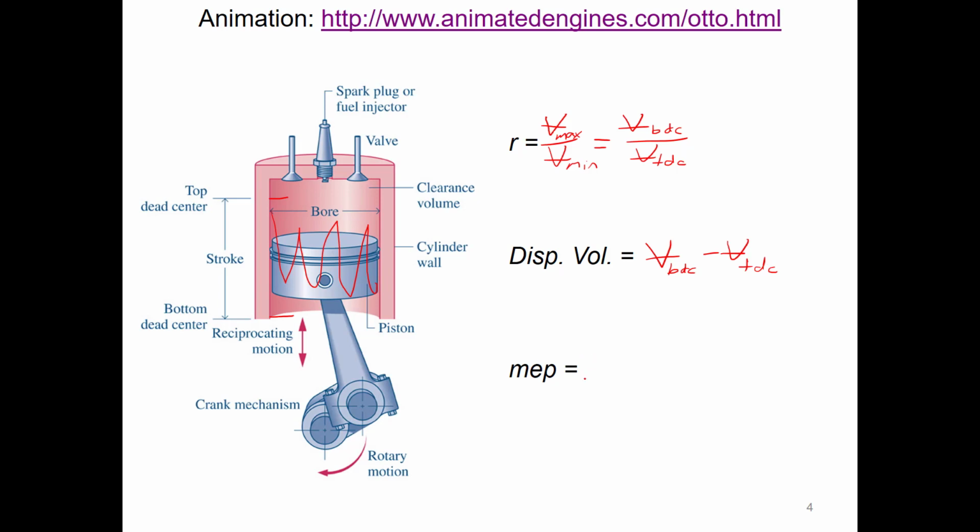And finally, MEP, or the mean effective pressure. Mean effective pressure is the net work for one cycle divided by the displacement volume, which we just calculated.